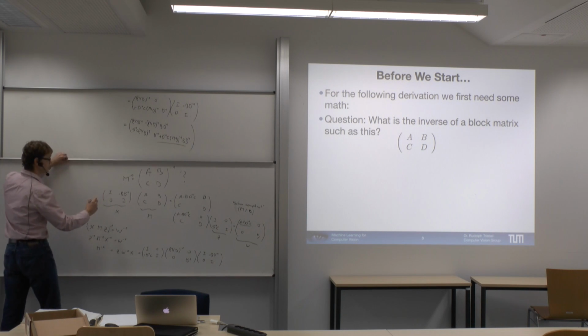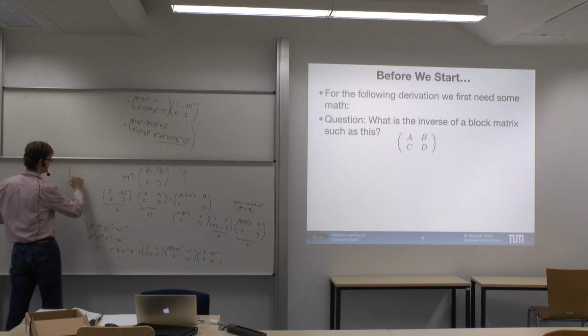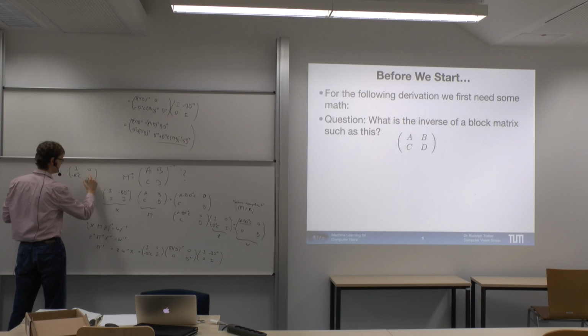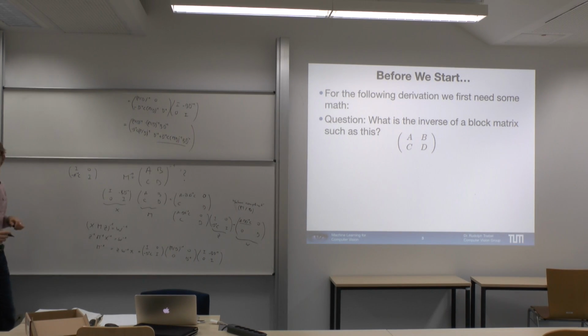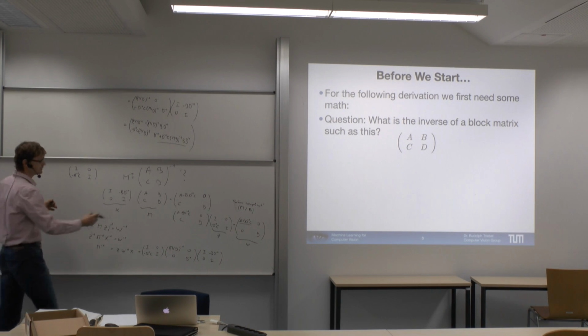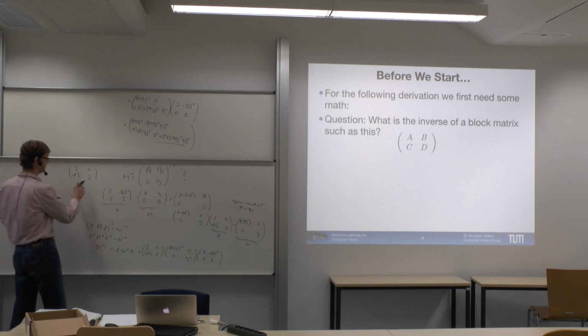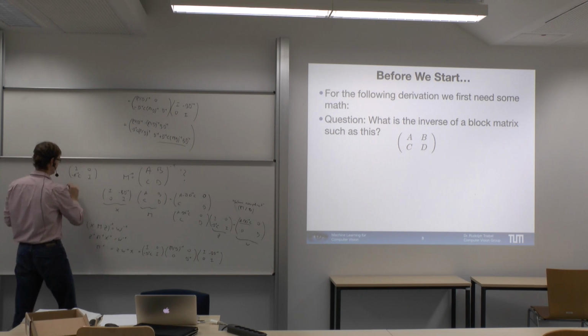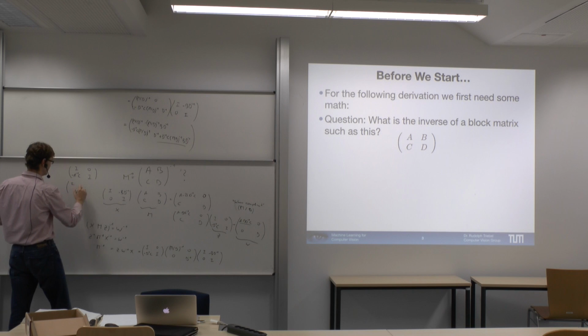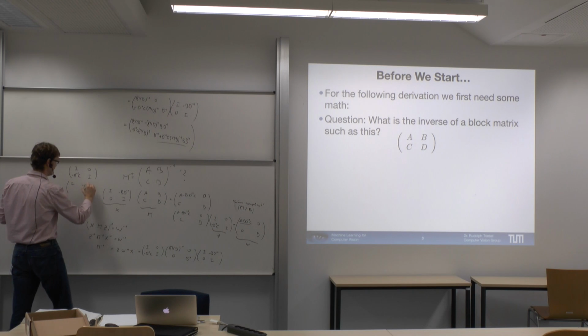So instead of this matrix, we could have used this matrix here, minus A to the minus 1 C. It's the same idea. And on the right side, we could have done the same thing with the opposite of that, right? We would then have this matrix here: minus C A to the minus 1, 0, I.